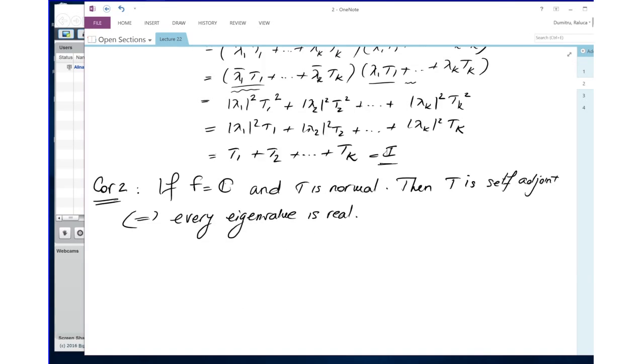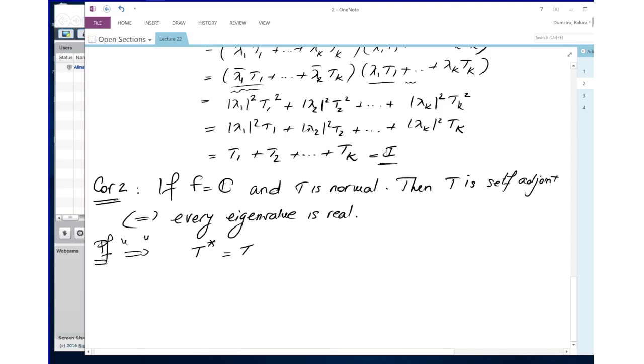So let's see. Again, we've seen this implication before. Let's go through it. It's just one line. Being self-adjoint, T equals T star.